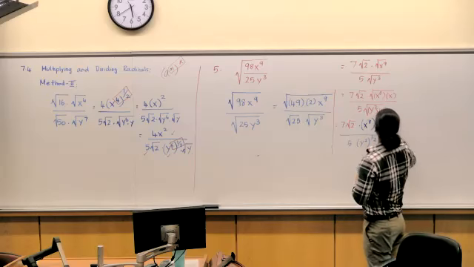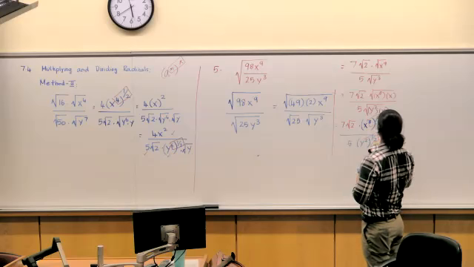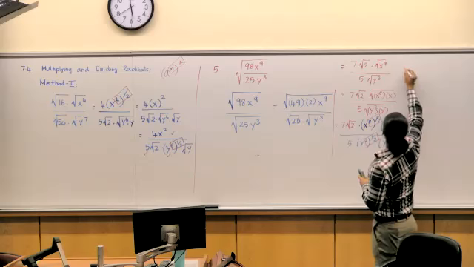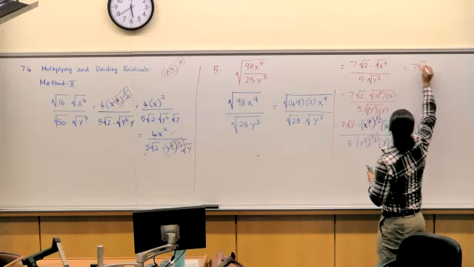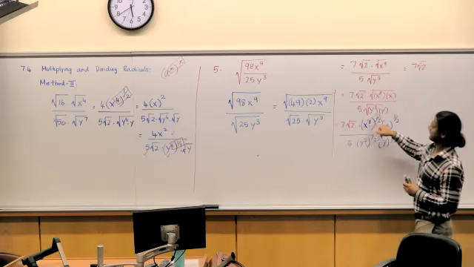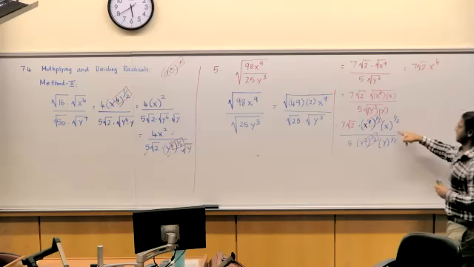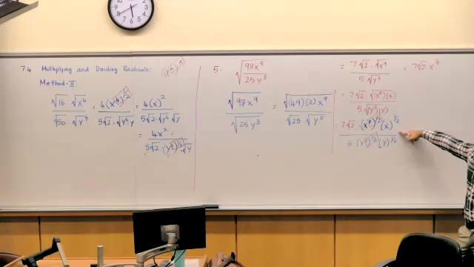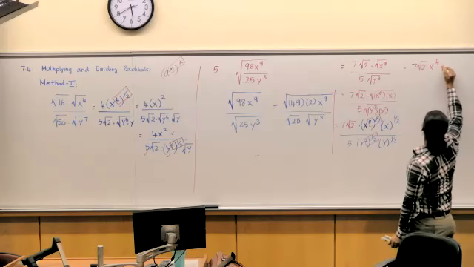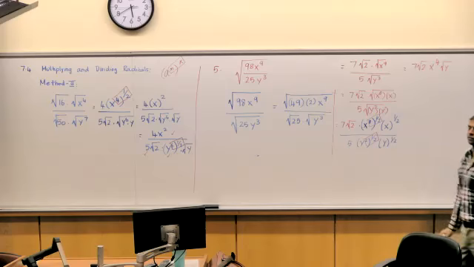Multiply. Eight times 1/2 is 4. Nothing I could do about that x raised 1/2, so I'm going to rewrite it as square root of x.